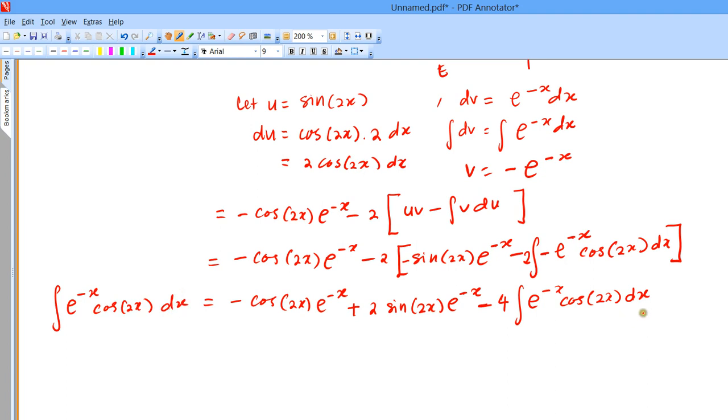If you compare this term with the original question, we have the same term, so we can bring it to the left hand side, or we can add the term.